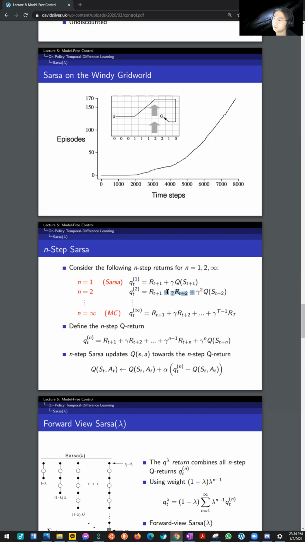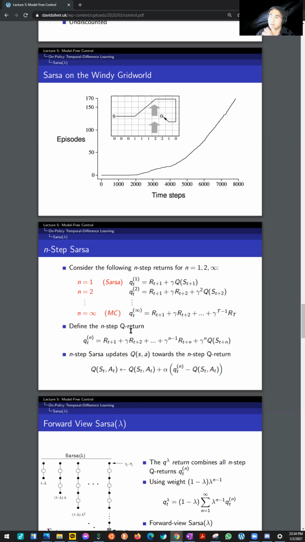In another scenario, we could use 2 real interactions and rely on estimation for the rest. For 3-step, we rely on 3 real interactions, and the rest on estimation. This could go up to n, where n is a hyperparameter and could be infinite as well.